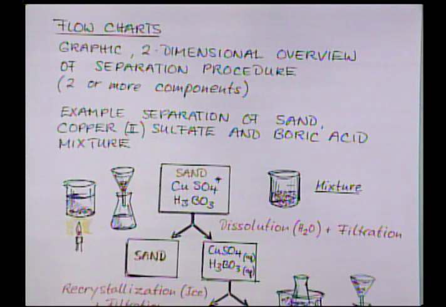And you know, of course, that sand does not dissolve in water. So we would have a residue of pure sand, and the two other chemicals, which are quite water soluble, copper sulfate and boric acid, will then be in the supernatant, which is the liquid above the residue. So we have a slush of sand.